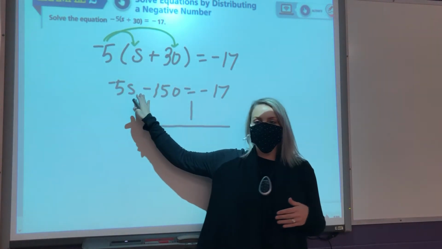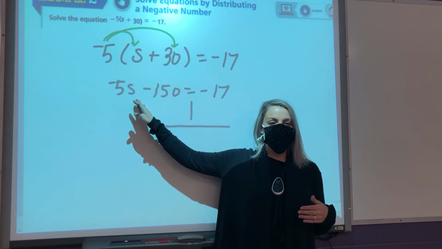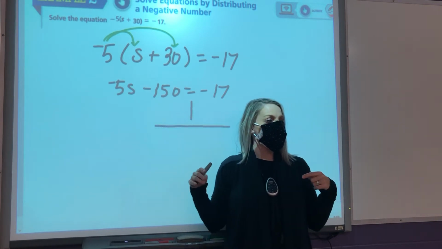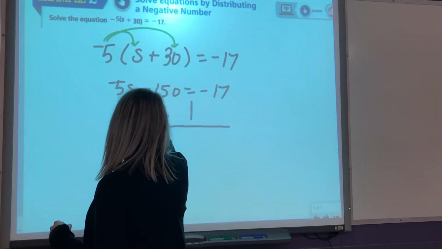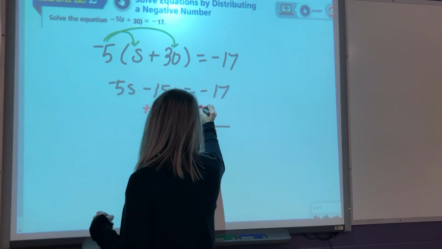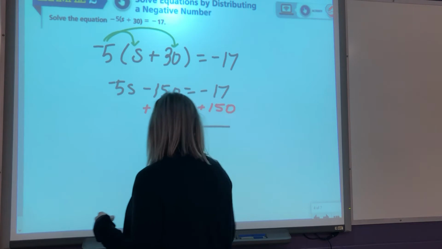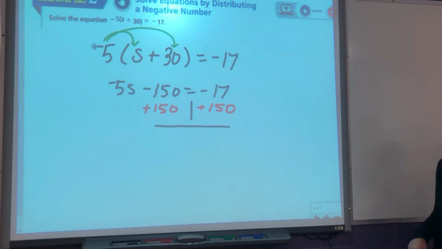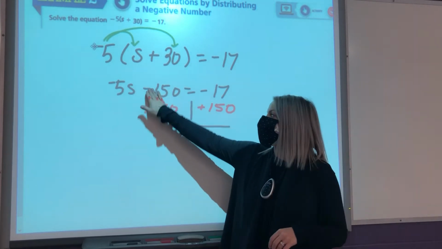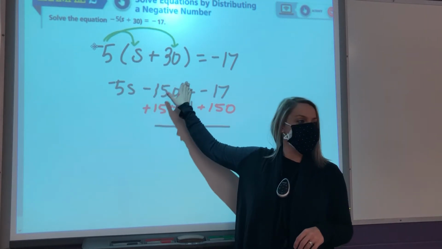150 is being subtracted. So what's the opposite of subtracting? Adding. Adding, very good. So I'm going to add 150 to both sides. These 150s, negative 150 and positive 150, what happens?